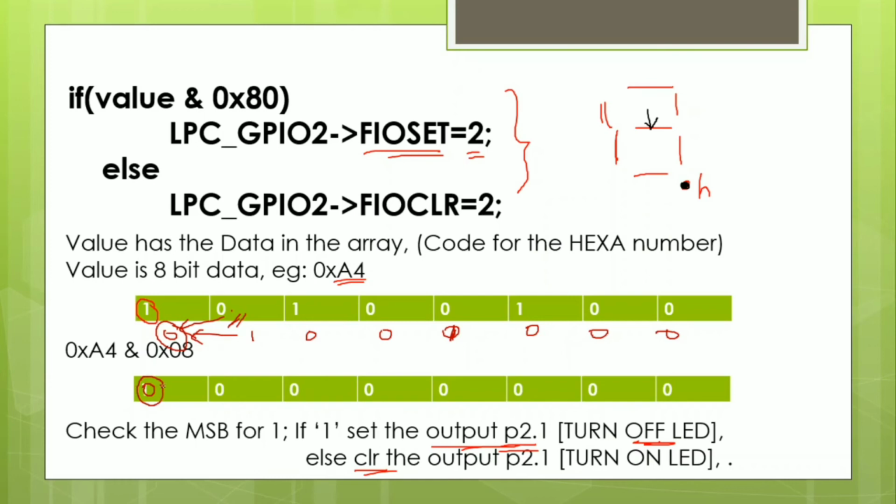If it is 0, you have to turn on the LED. Therefore this will turn on. Like that, each bit you are going to shift. How many times will you shift it? 8 times. Which parameter defines this 8? M defines the 8.